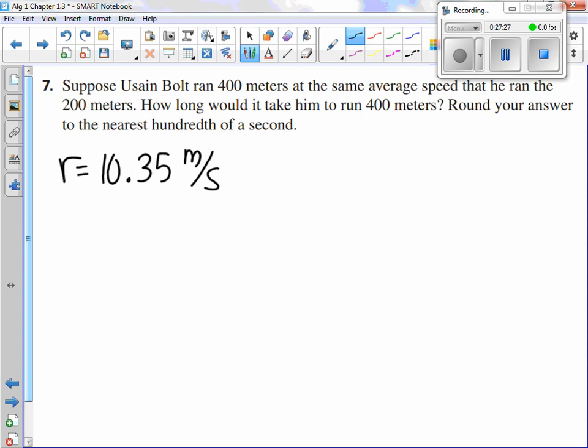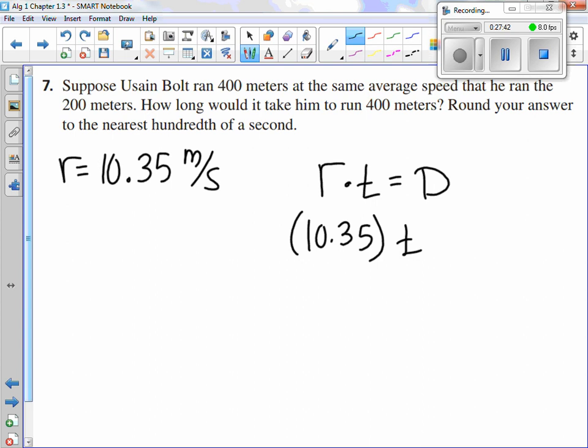So what was our formula again? Rate times time equals distance. This time they told us the rate, 10.35 meters per second, but they didn't tell us the time. However, they did tell us the distance of 400 meters. So now we want to get time by itself. We're going to do something similar to what we just did.